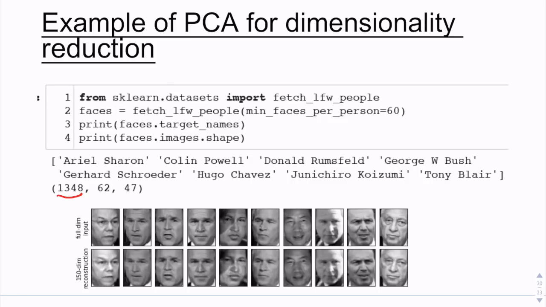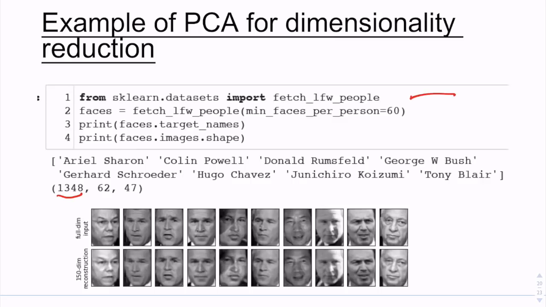And then we wanted to see if we can apply the principal component analysis to compress these images, and then to reconstruct them, and then see how much the quality of the reconstructed image is different from the original one.